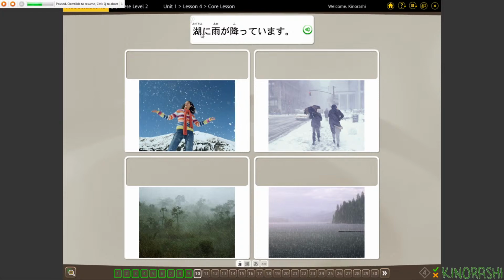That's the symbol for moon. And that's the splashing animation. And this means lake somehow together. So, Mizumi. Mizumi ni ame ga futte imasu.